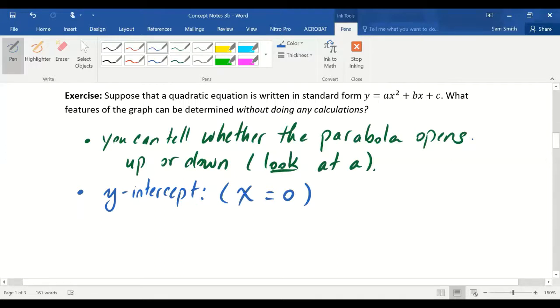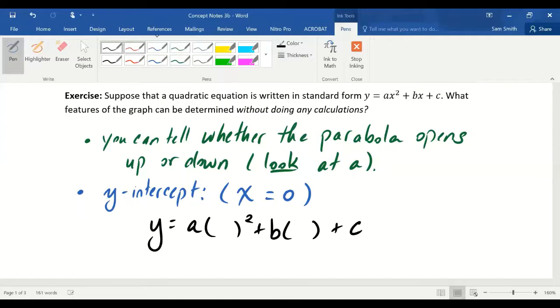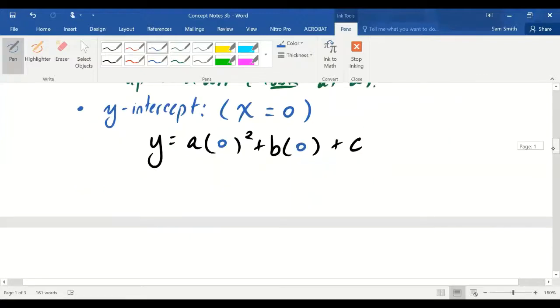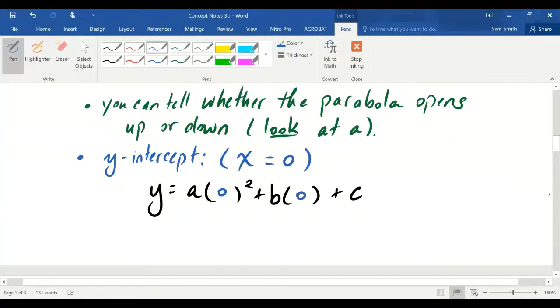Now let's go into this equation and let's see what happens if x is 0. I have y equals a times 0 squared plus b times 0 plus c. But the thing is that if you multiply anything by 0, a times 0 times 0, b times 0, those quantities all vanish.